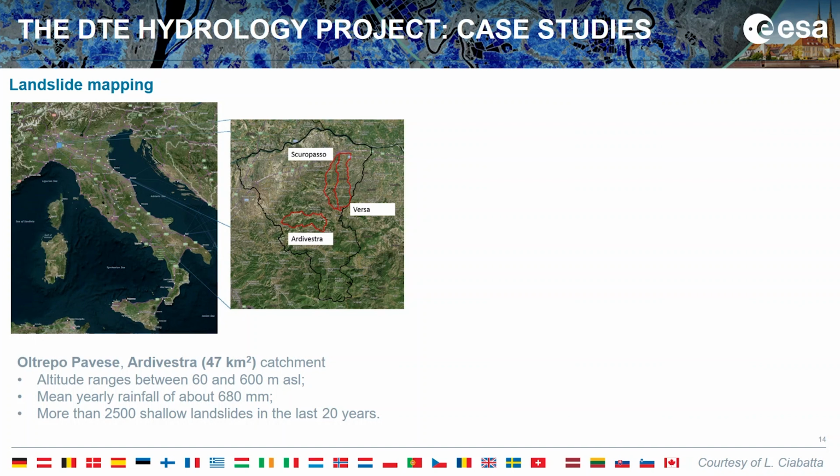What has CNR-IRPI implemented within DTE Hydrology for the landslide risk assessment? Well, we selected a catchment in the Oltrepo Pavese area. The catchment name is Ardivestra.